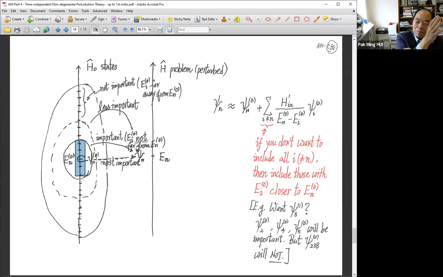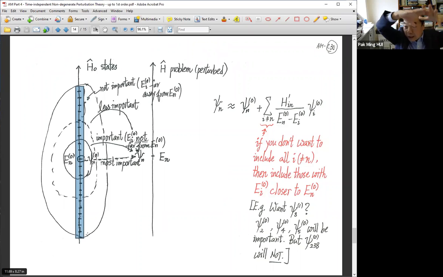perturbed problem eigenstate. Okay? Now, after that, if you are not satisfied, try to include a little bit more state farther in energy. Follow me? That is the dashed circle. But that is already less important. If you have a good computer, then you can include even more states that are farther away.